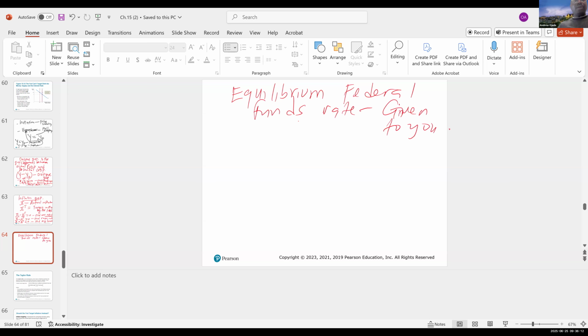And then we're going to give you information on what? Actual inflation and target inflation. Okay. So the Taylor rule formula is going to be written like this.